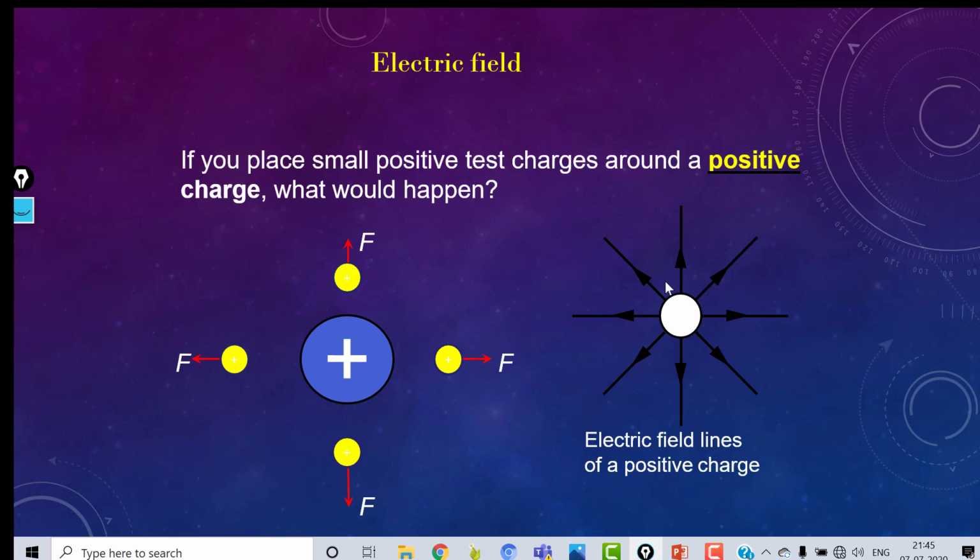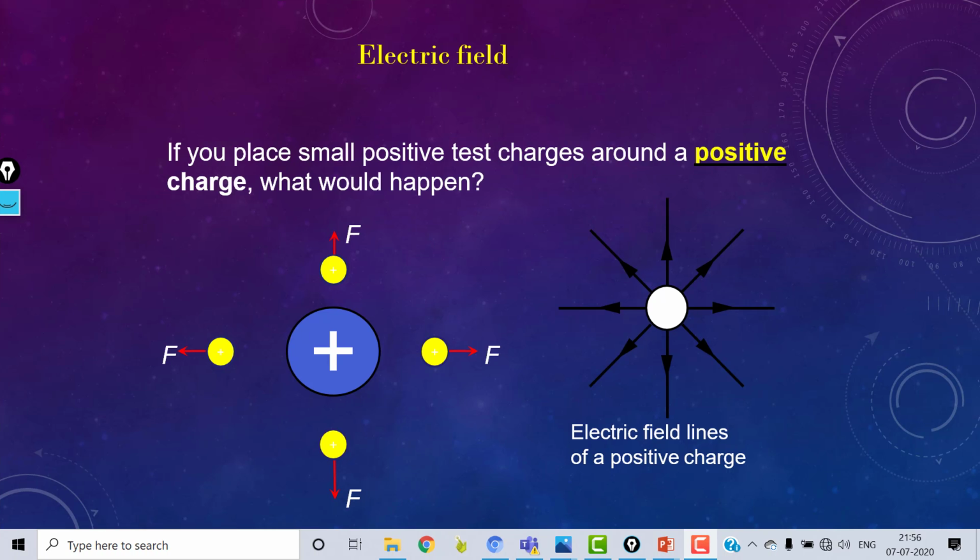They are going outwards. Here the main charge and surrounding test charges both are positive. So there is a force of repulsion and the field lines are going away from the main charge shown in the second figure.